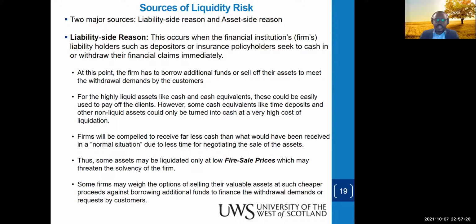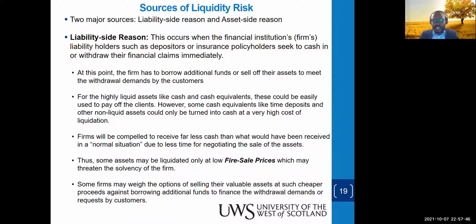So the liability reason occurs where, for example, all depositors go in and say, I want to withdraw my cash. At this point, the bank must make cash ready to pay us. But know that sometimes the banks may not have all this cash. They may have given some of your money as loans to people, or invested it in some projects.